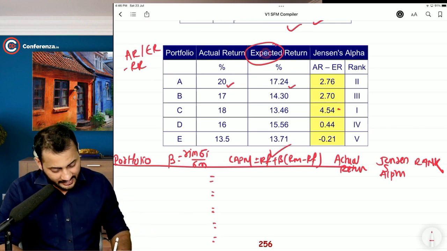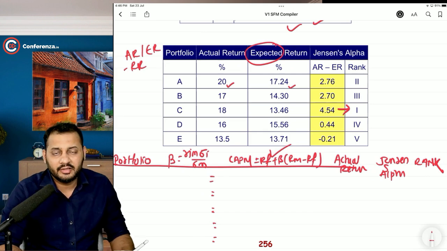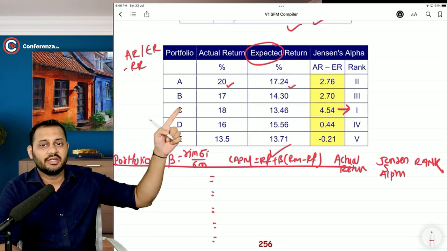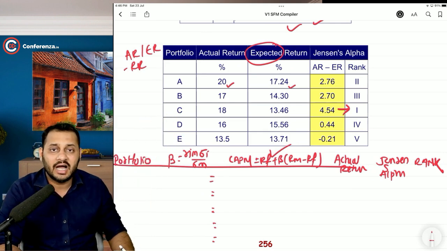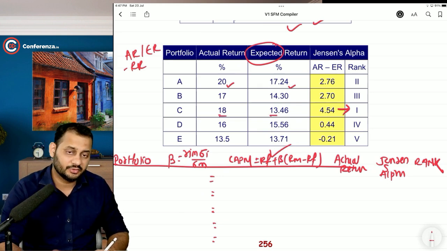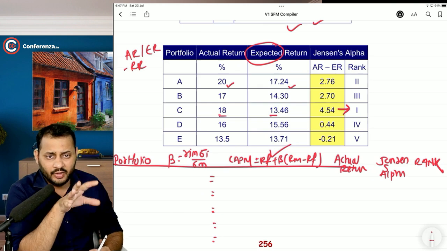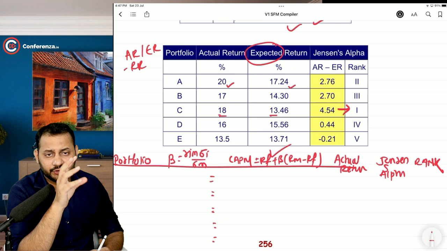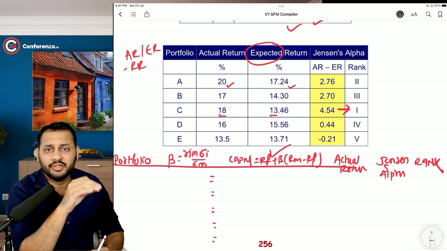Okay, higher the alpha, better it is for your investment. So portfolio C is giving us the highest alpha. That means our requirement is 13, but it is giving us 18%. So it's good to invest in that. If you have to choose any number of portfolios to invest in from this list, which one would you reject?